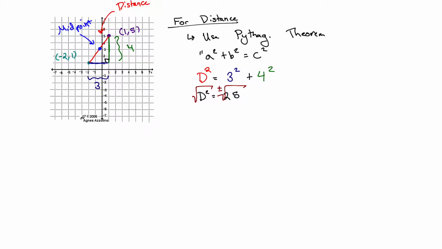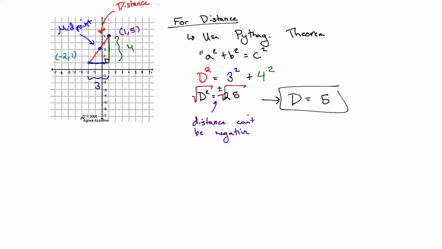So we'll just make a point there: distance can't be negative. Which means that capital D is 5 units. That's the distance from the point negative 2, 1 to 1, 5.